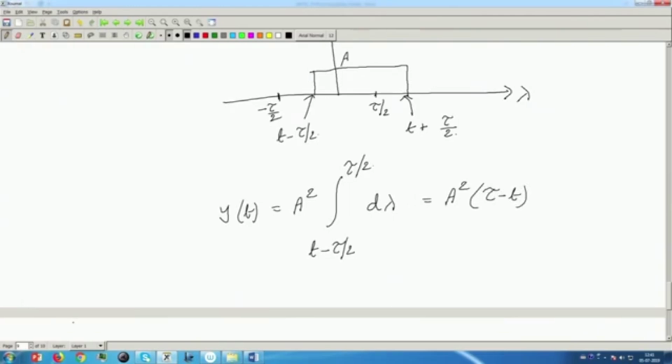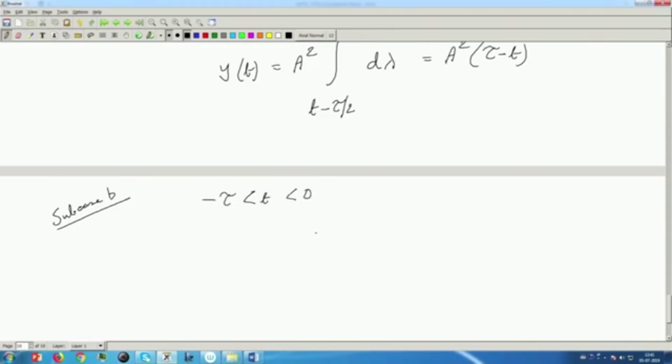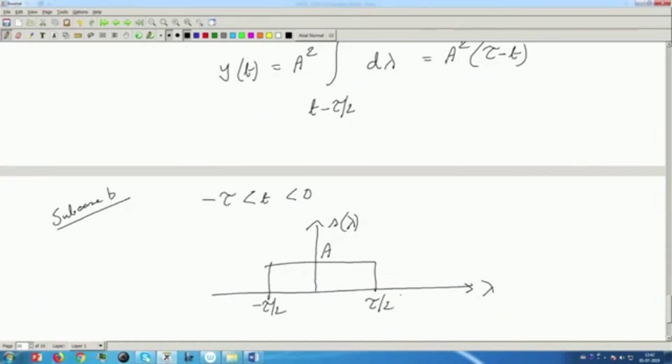Then let us come to sub case B, that is minus tau less than t less than 0. Again as before, s(lambda), this is lambda, A, minus tau by 2, plus tau by 2, 0.